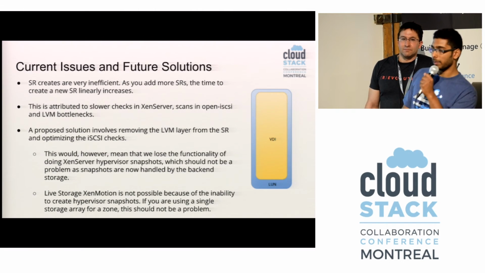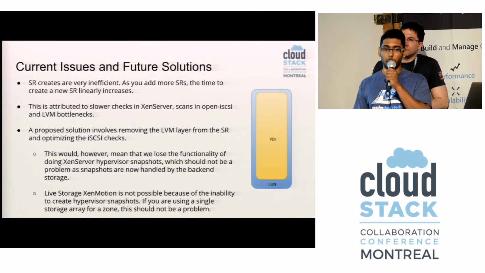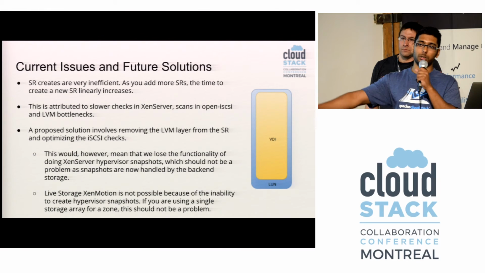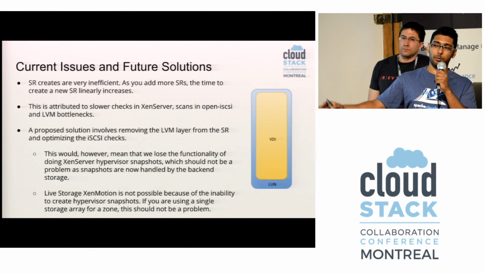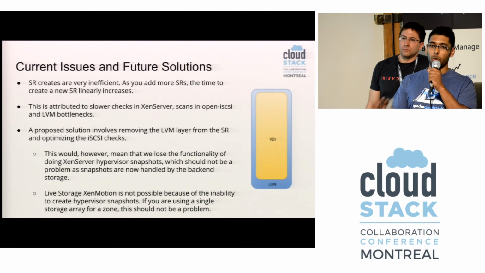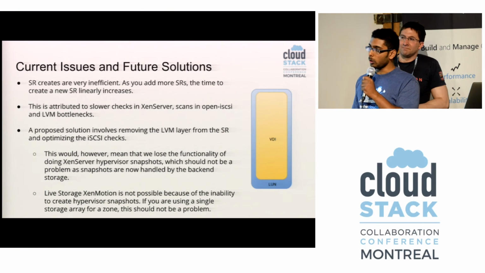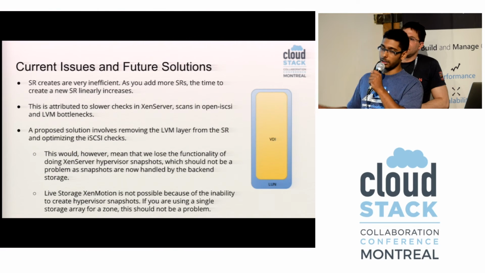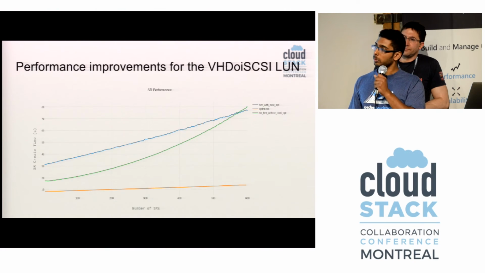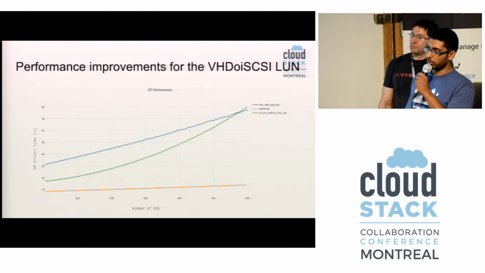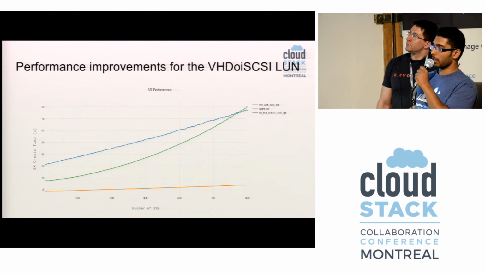But in this model, it also is not a problem, because we are using zone-wide storage, so you will never have to migrate your volumes from one cluster to the other. All in all, this is a very good approach. Just to give you a graph, this is the timing graph that we have.